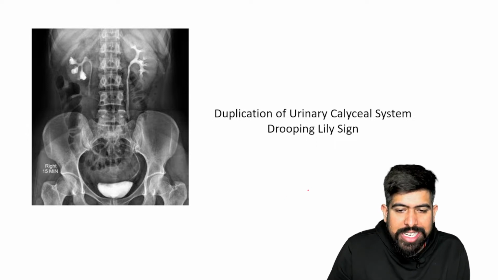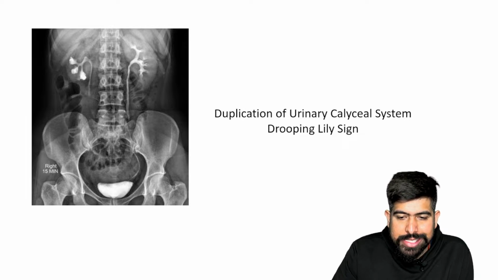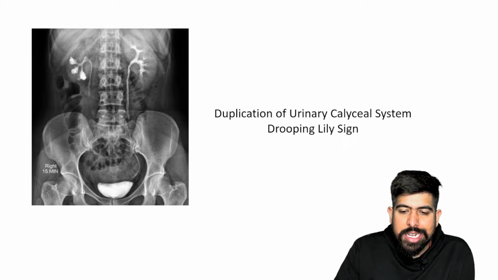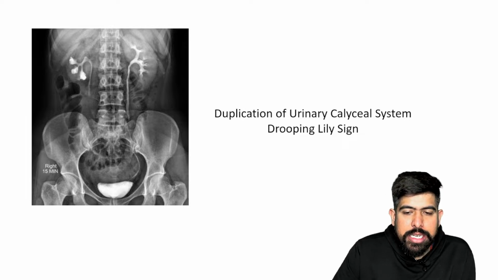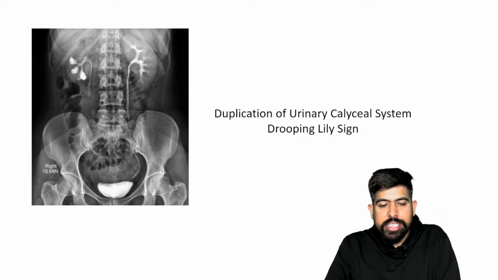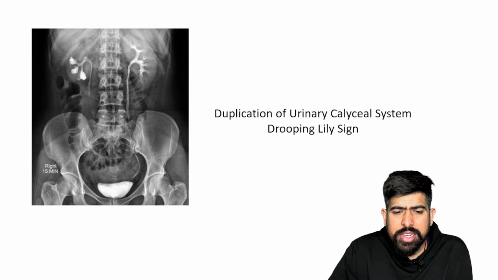Now moving forward to the next one, which is your drooping lily sign. Guys, this was the question I was asking you, and this is the case of your IVP, intravenous pyelogram. Intravenous pyelogram is given to you, and you can see the drooping lily sign in it.